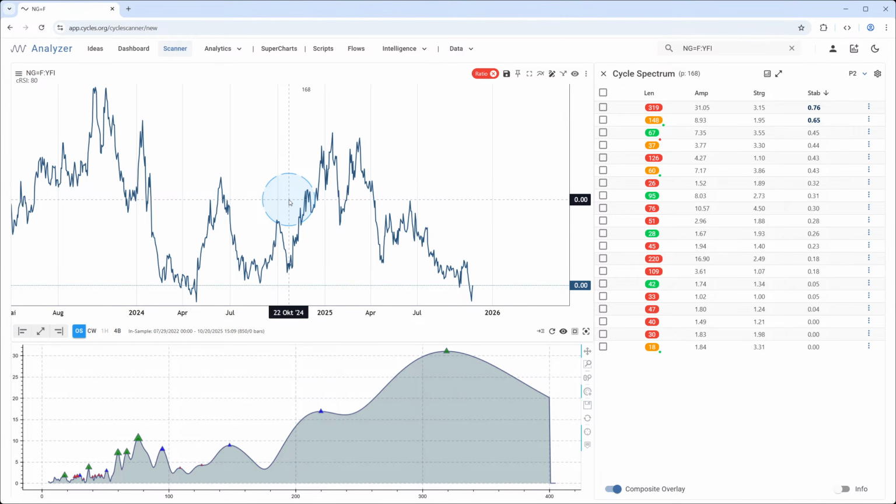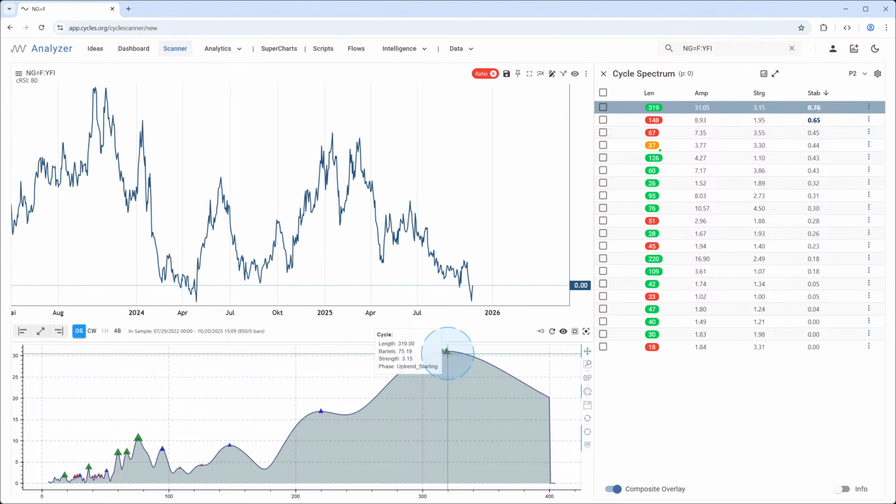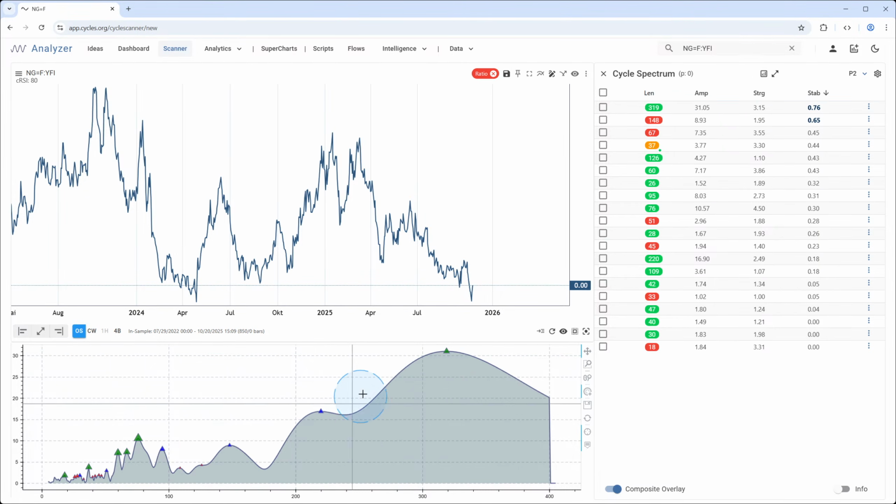natural gas versus gold. So here there's a long-term cycle and a shorter-term cycle, which we need to be careful with this one here based on the ranking, because it's a kind of flattish plateau here. So need to be careful even if it is stable, but that long cycle maybe just has 2, maybe 3 repetitions.